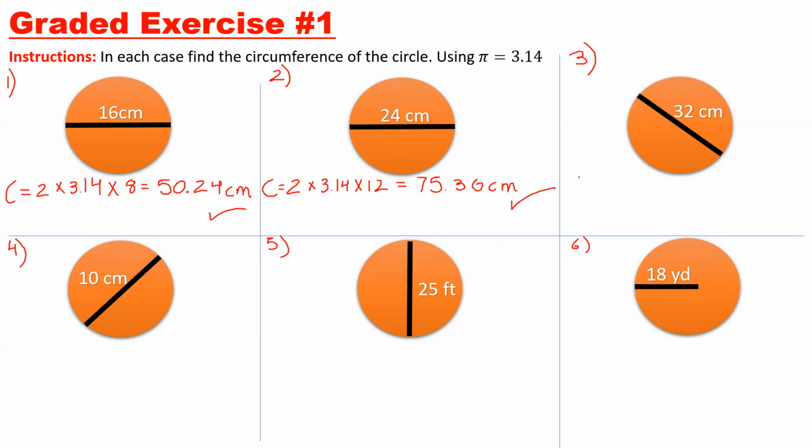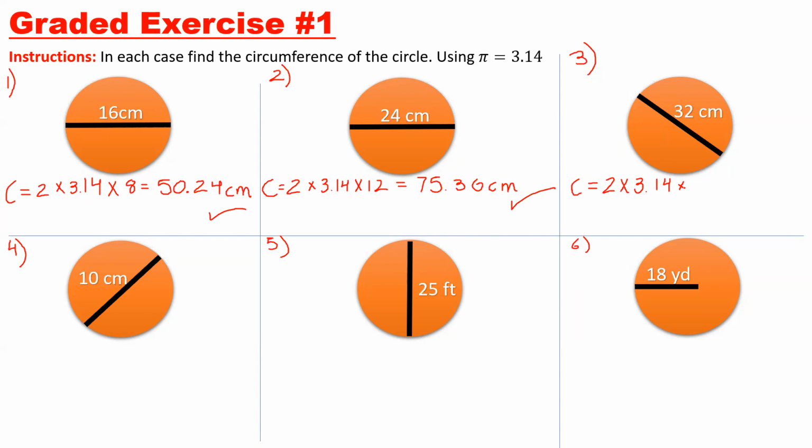C is equal to 2 times 3.14 times 16. What is half of 32? 16.